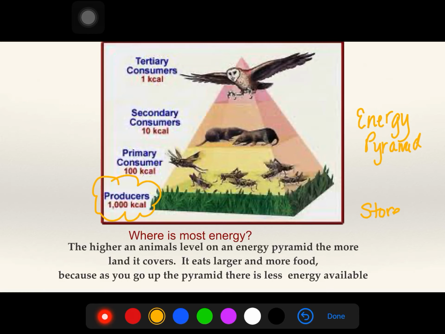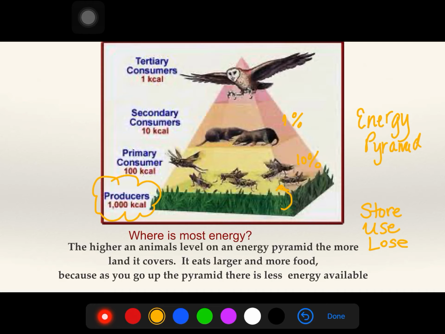So remember, it's going to store, use, or lose the energy. By the time it goes to the primary consumers, only 10% of that original energy is available. And then by the time those organisms store, use, or lose the energy, only 10% of that, or 1% of the original energy, is available.